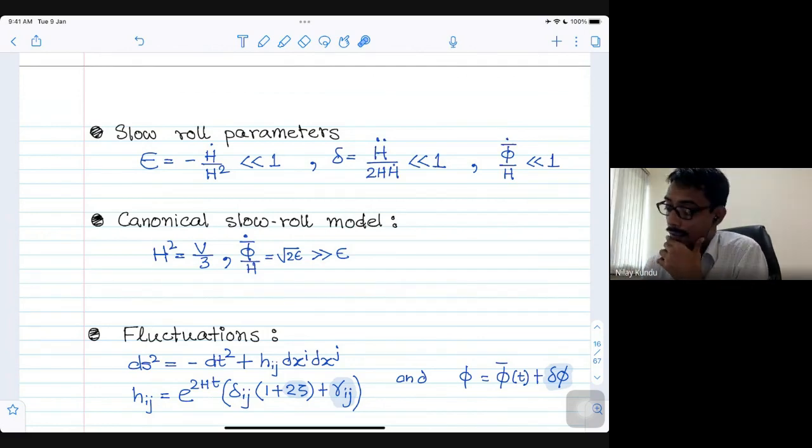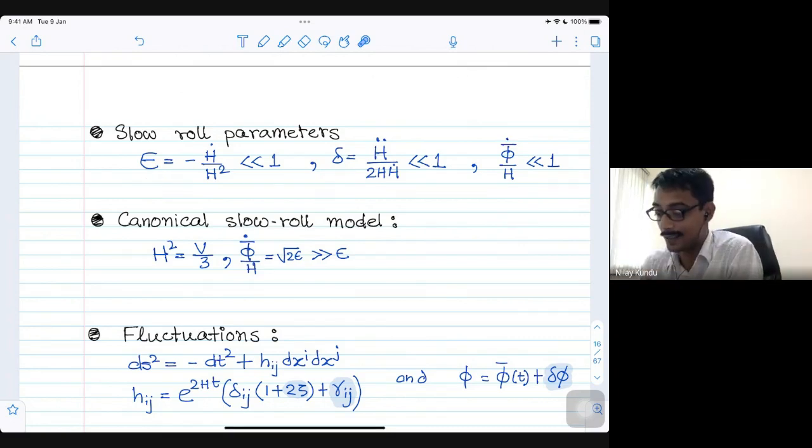There are something called slow roll parameters, and as you can see, the slow roll parameters are given by the time derivative of the Hubble parameter or double time derivative. If it was exactly de Sitter, H would be constant, and the right hand side would be just 0. So to take the de Sitter limit, we should have epsilon or delta to be exactly 0.